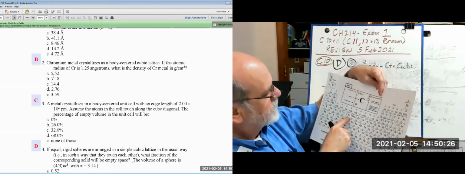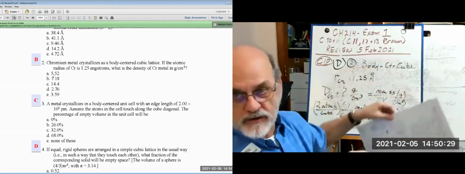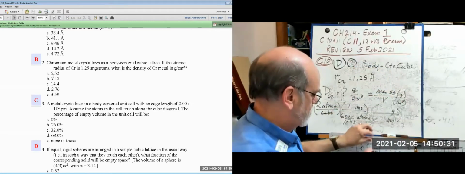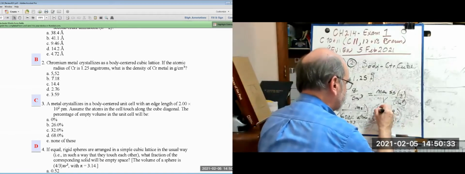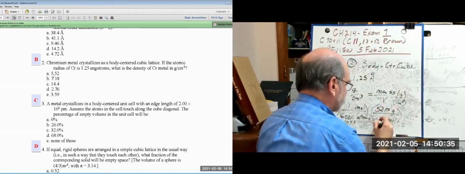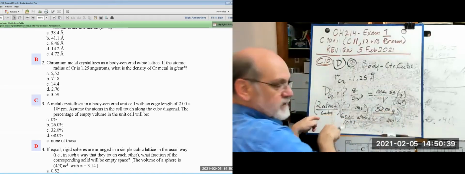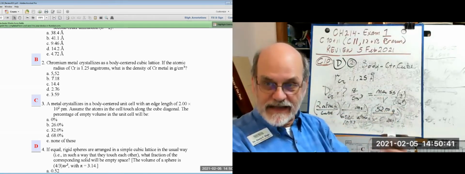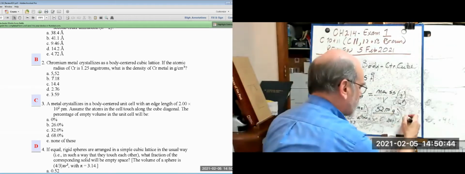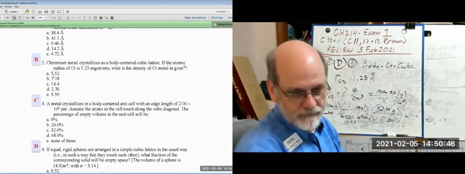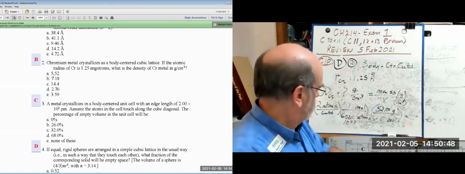Chromium's right here. It's 52.00 rounded off. So this would be grams per cube. So now we know the mass in that unit cell. All we have to do is solve for it. Right? So let's do that real quick.